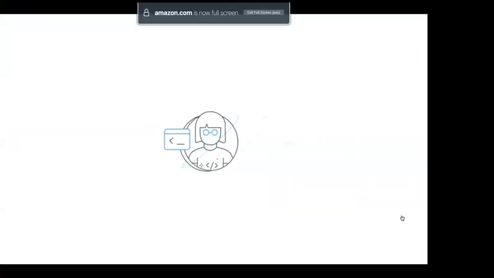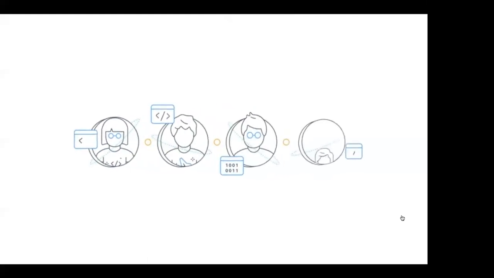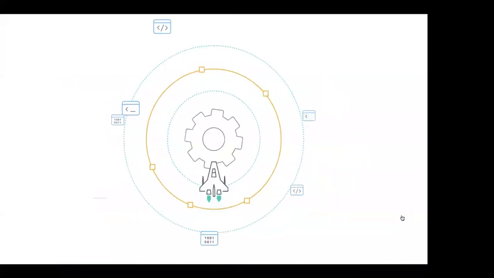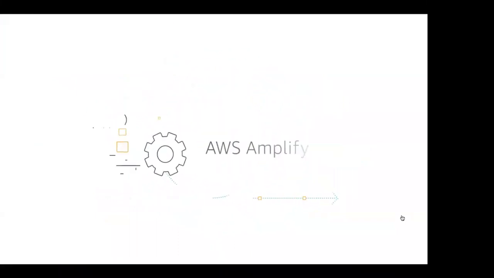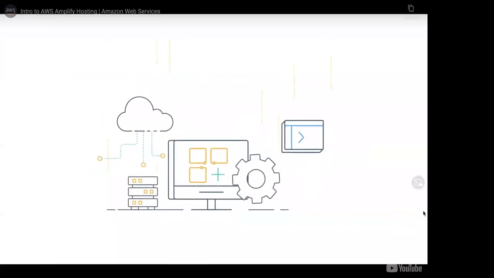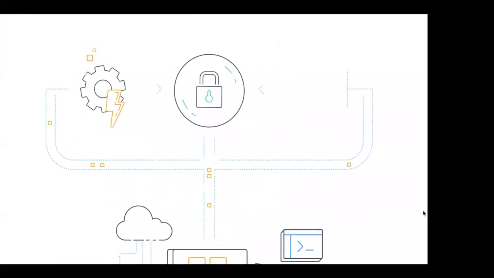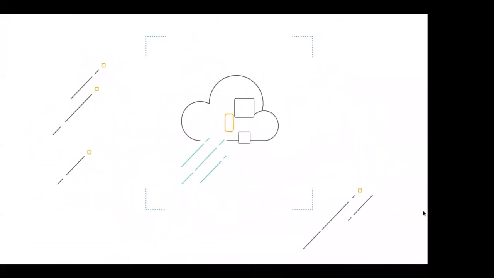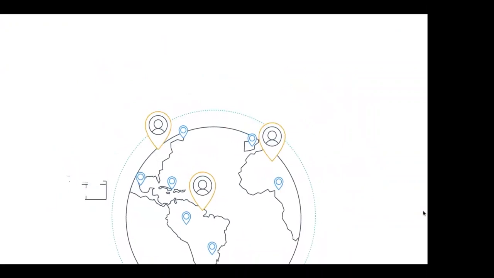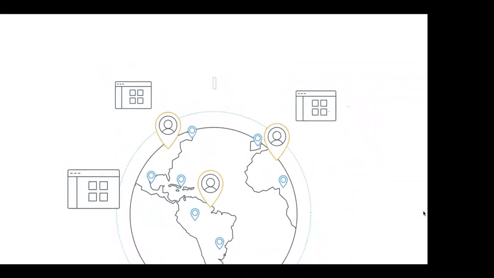AWS Amplify is trusted by the best front-end and full-stack development teams around the globe for creating full-stack, serverless web apps with continuous deployment. AWS Amplify Hosting is a fully managed, developer-focused web hosting service that is fast, secure, and reliable, and scales with your business on AWS. No matter where your users are located, your web content is delivered fast.